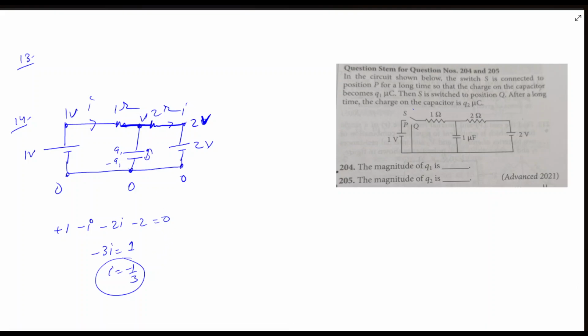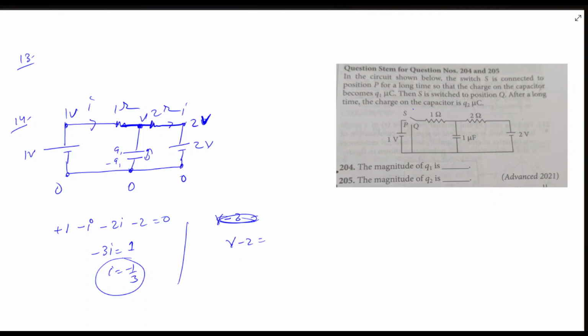Now let's find V. If we get V, we'll get the potential difference across this capacitor, and hence we can find the charge. So here V minus 2 will be equal to I into R. So what is the potential difference? It is V minus 2. And the current is in the opposite direction, right?